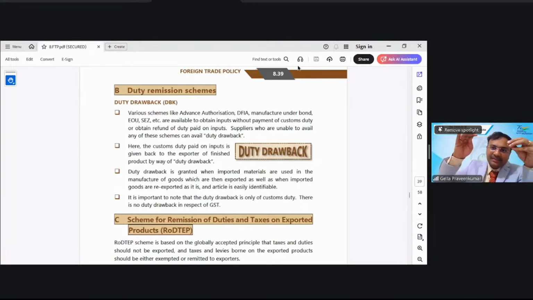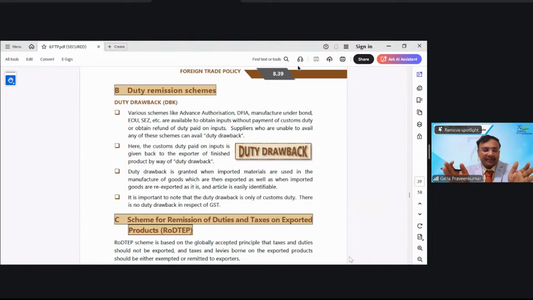Sanjay processes these items and sells these goods to Ayush. Ayush does a trading activity and sells to Sami. Sami exports out of India. When the goods are going out of India, inevitably, Sami doesn't know that the items he purchased contain the customs duty paid by Yogesh. So this is where your duty drawback comes into the picture.